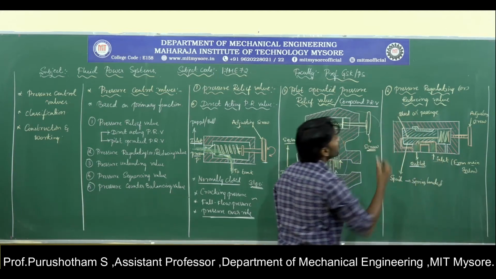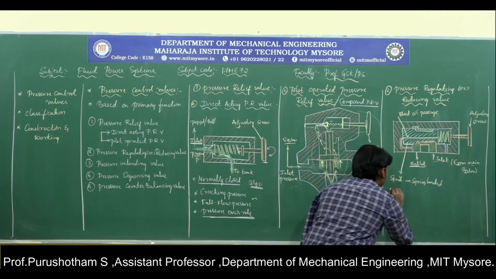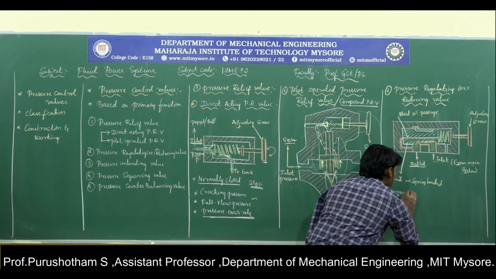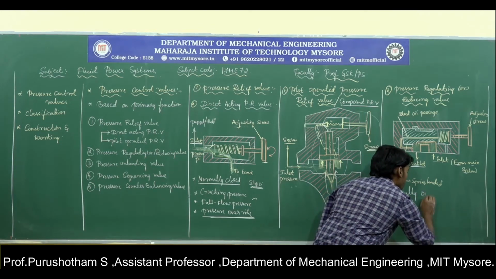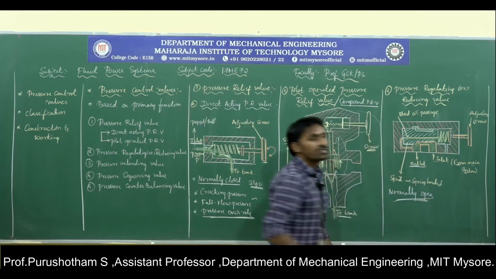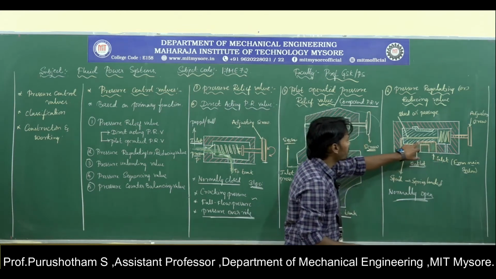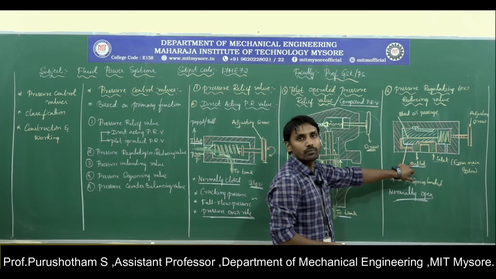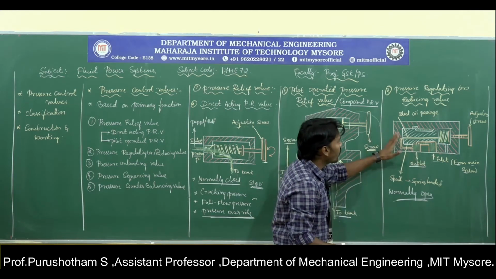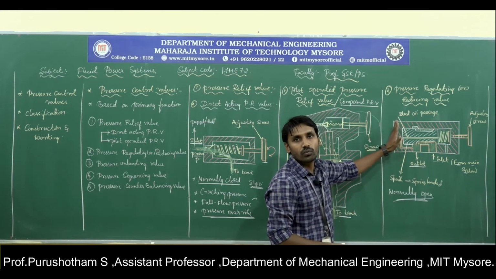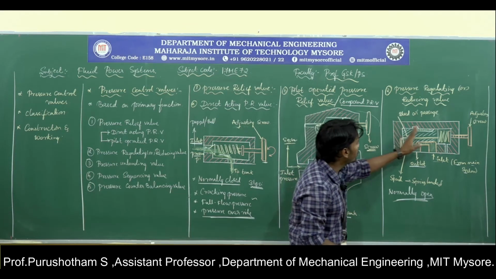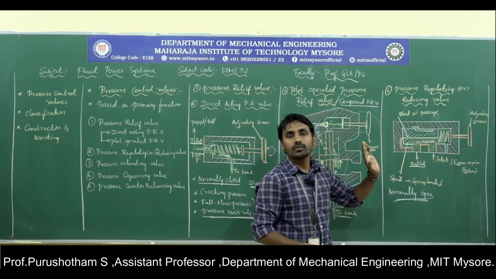This pressure reducing or pressure regulating valve is a normally open valve. That means the fluid coming from the main system normally goes to the outlet port. When this valve is activated, it closes this outlet port.